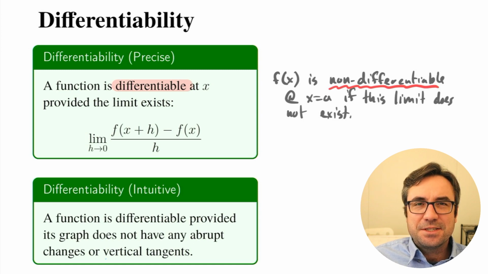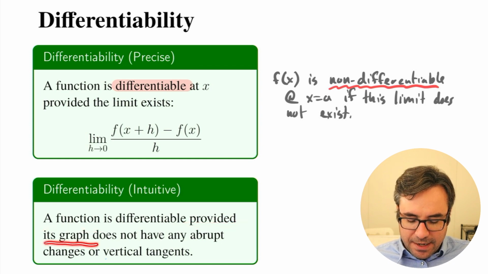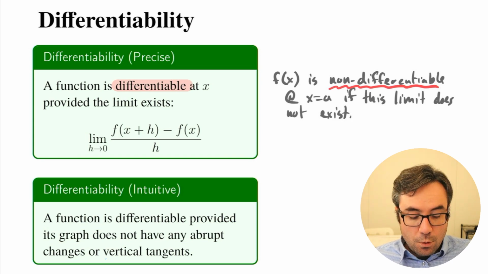If we run into places where our function has an abrupt change, then we might have an issue with the derivative. So a function is differentiable provided its graph does not have any abrupt changes or vertical tangent lines.